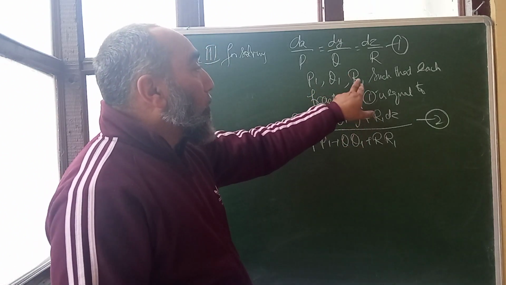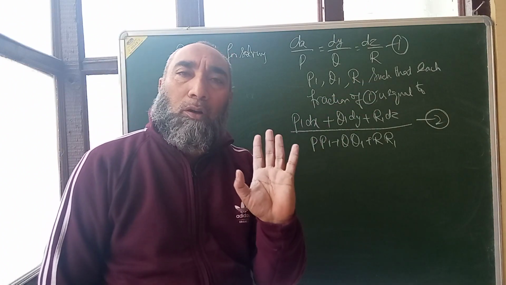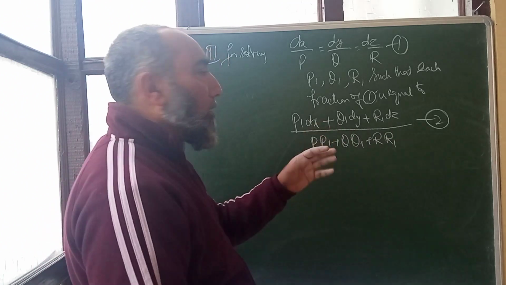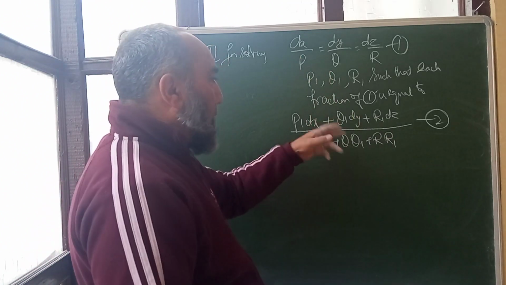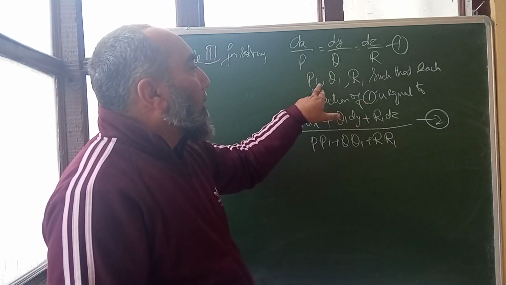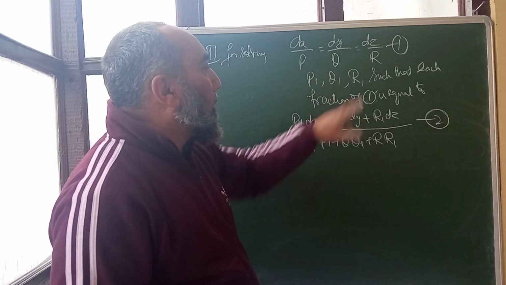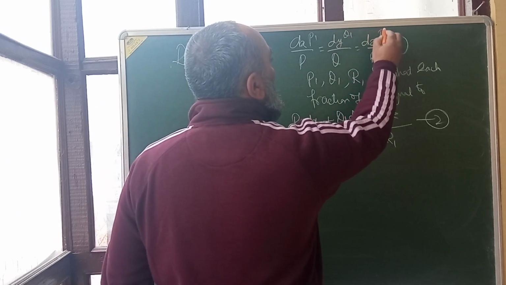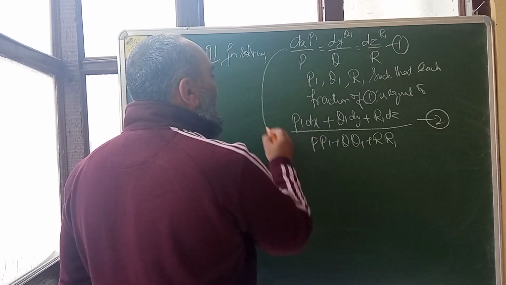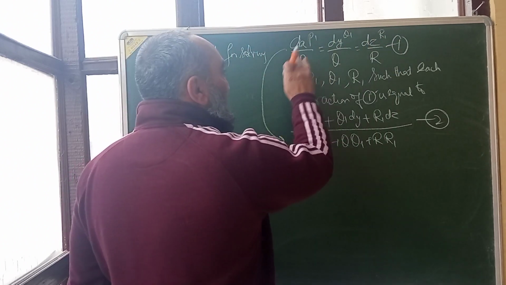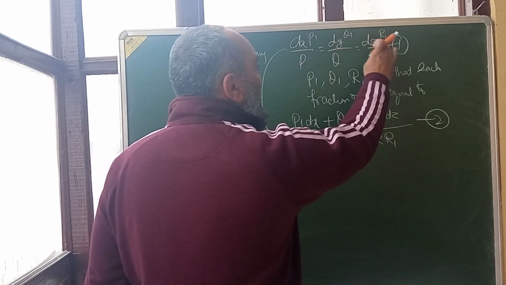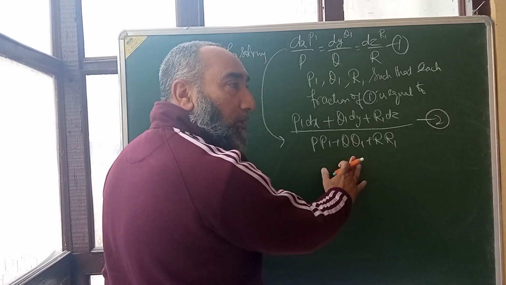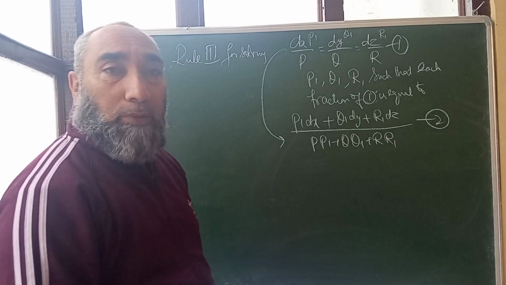I can choose that they may be constant, that's okay. But they can be functions of x, y, z also. Okay, constant, then it is very easy. I will show you right now. Now I am using P1, Q1, R1. I am multiplying this fraction by P1, this by Q1, this by R1. Then I am claiming that all the three fractions are equal to this. This is ratio proportion, you must have done it.